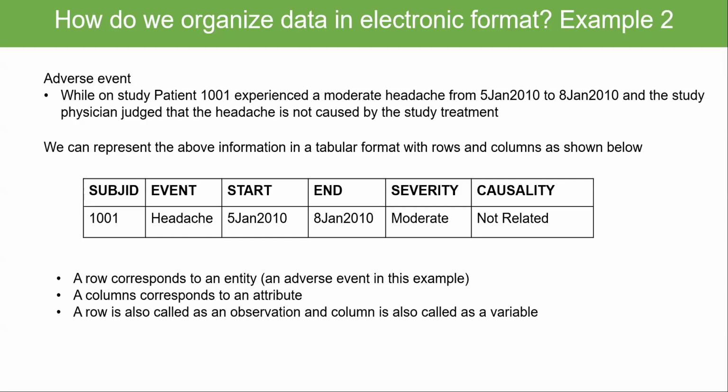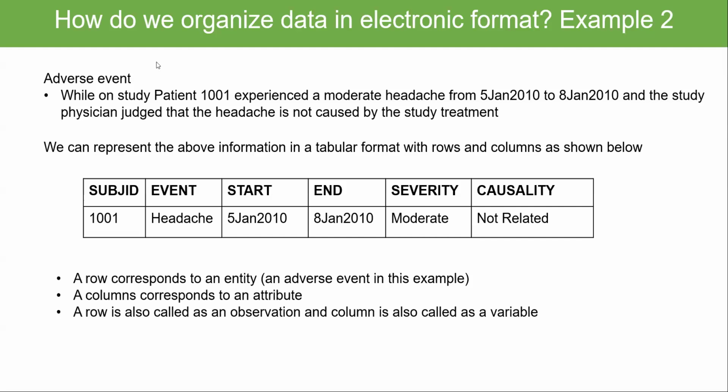So here is another example of organizing data in electronic format. This is talking about an adverse event. While on study, patient 1001 experienced a moderate headache from 5th Jan 2010 to 8th Jan 2010, and the study physician judged that the headache was not caused by the study treatment.